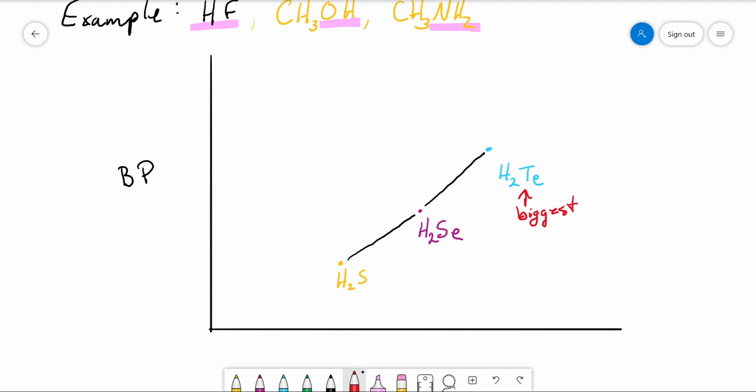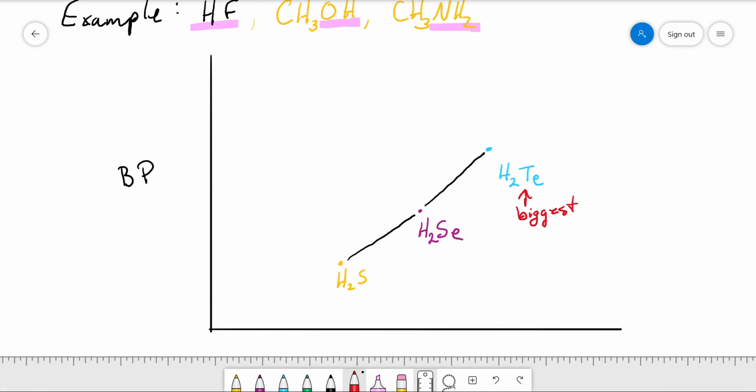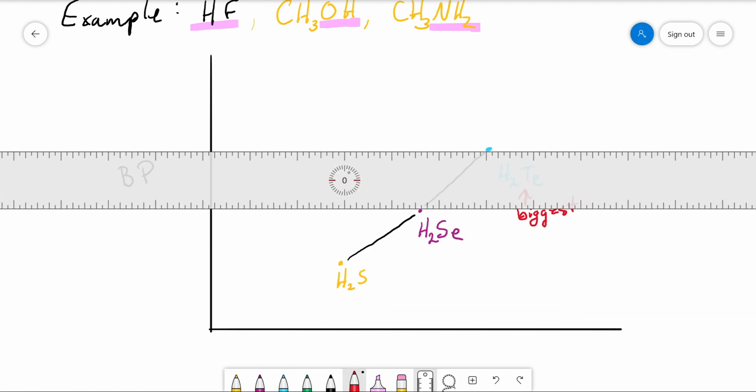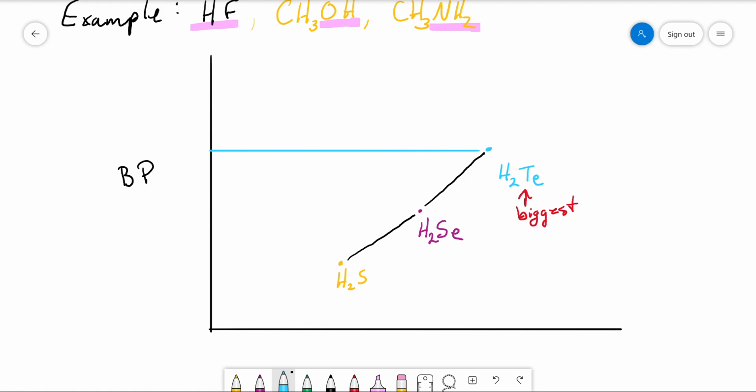H2S, smallest, lowest boiling point. And just for a point of reference, H2Te's boiling point is just about 0 degrees Celsius. And this graph again is not going to be to scale.